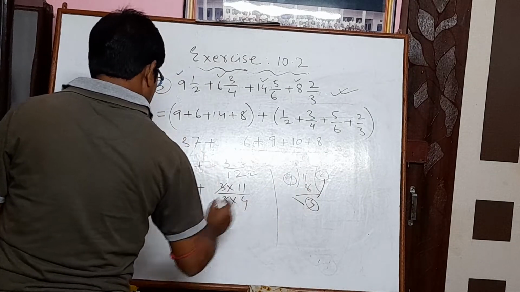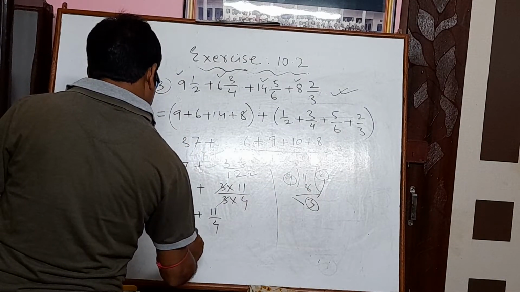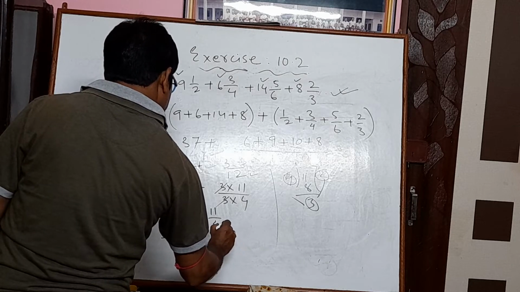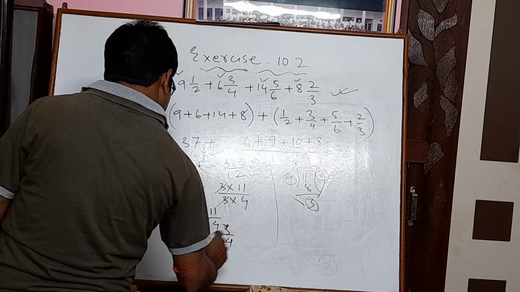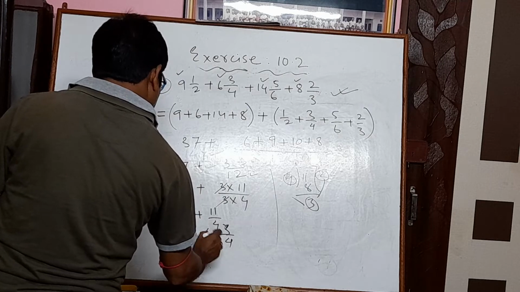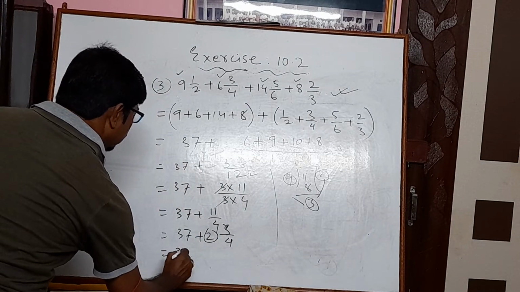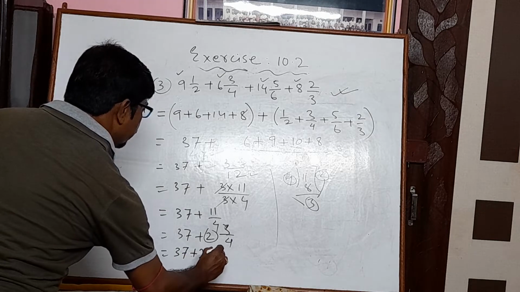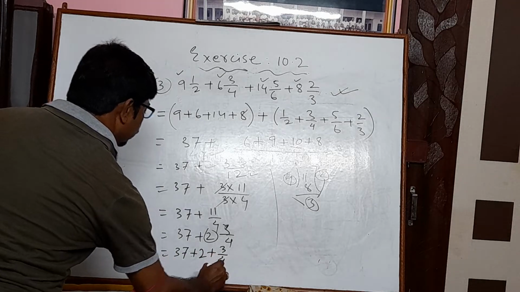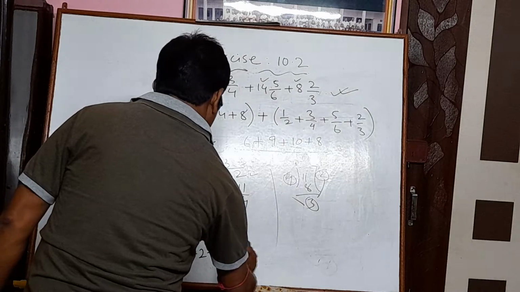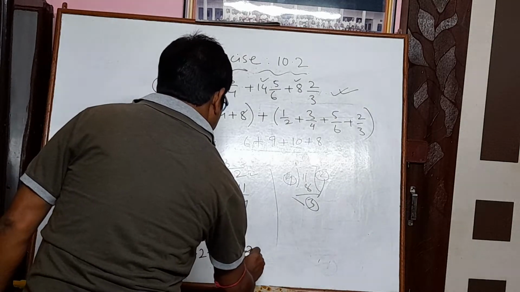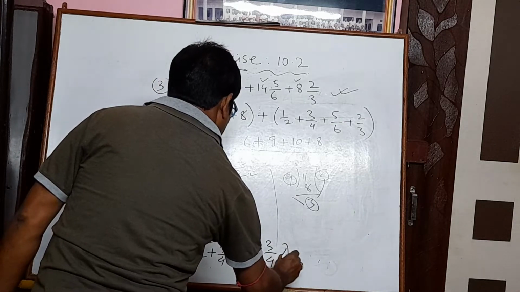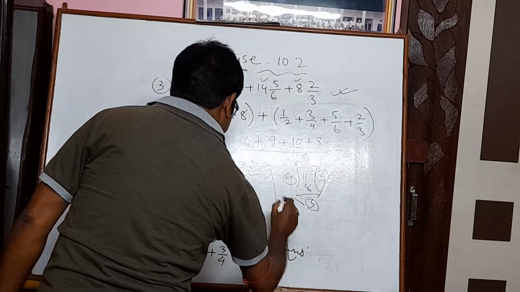So it is 37 plus 2 whole number 3 by 4. Now this is also a whole number. We can add this whole number with 37. 37 plus 2 is 39 whole number 3 by 4. That is the answer.